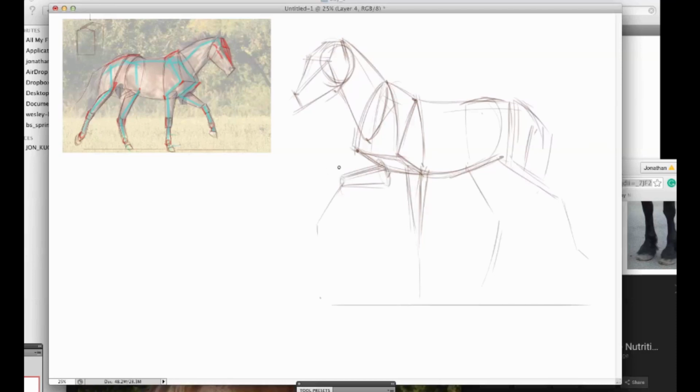In this case, it's a little more cone-like than actual cylinders. Cylinder coming down, thick to thin.